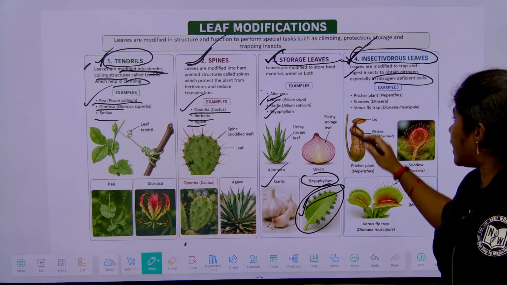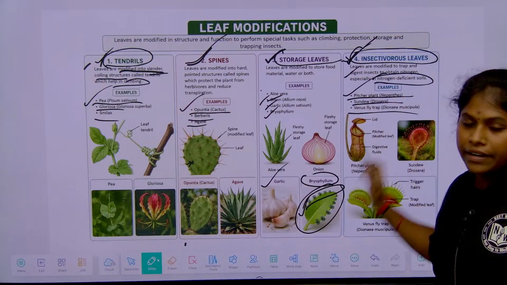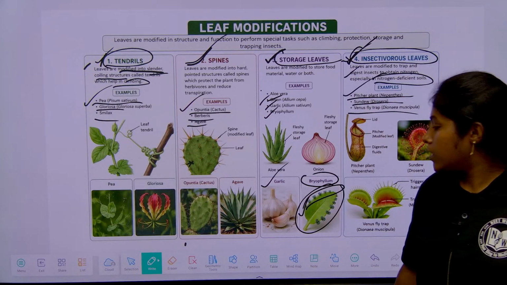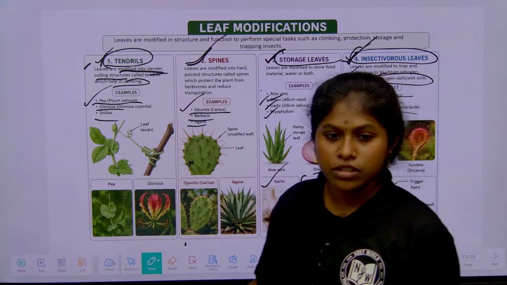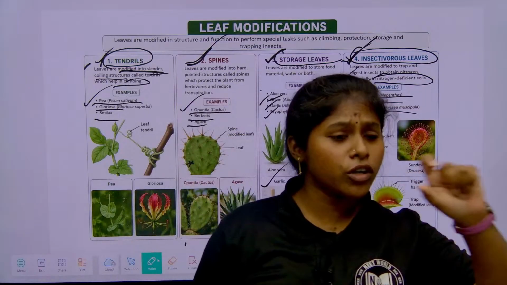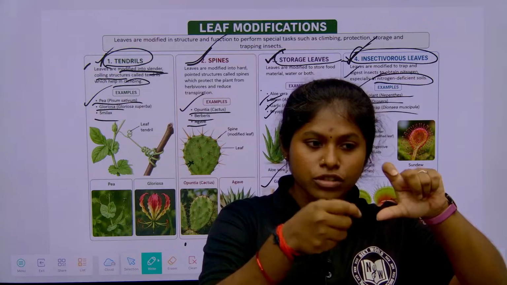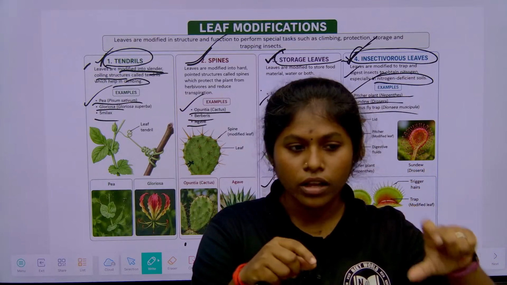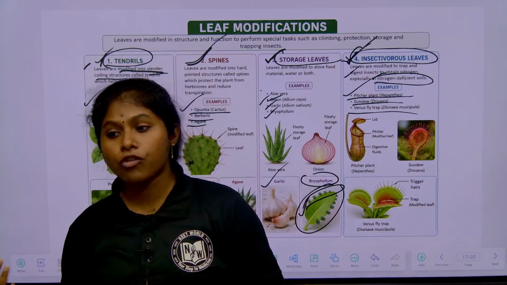The examples are pitcher plant, sundew, Venus flytrap. So these are about the leaf modification. In some leaves the petiole will be there. The petiole is attached to the leaf base. The leaf base itself acts as a photosynthetic part.